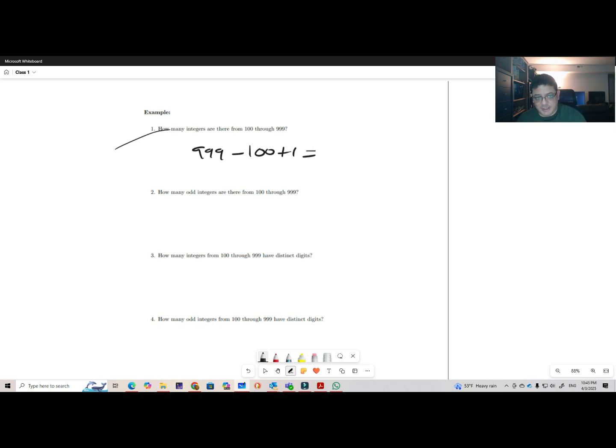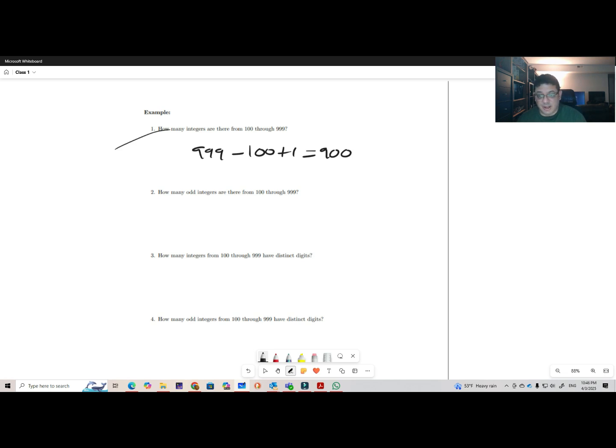And this is going to give me a total of 900 possible pins, or total integers, sorry. These are integers with 3 digits. Normally from 0 to 999, you have 1,000, so from 100 to 999, it makes sense that I have 900.